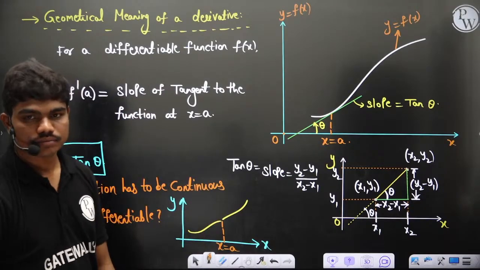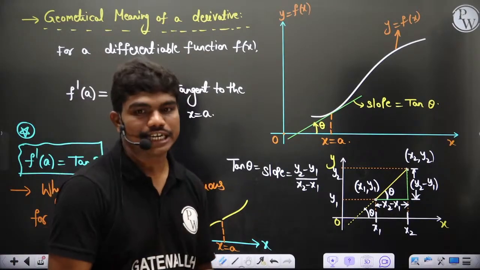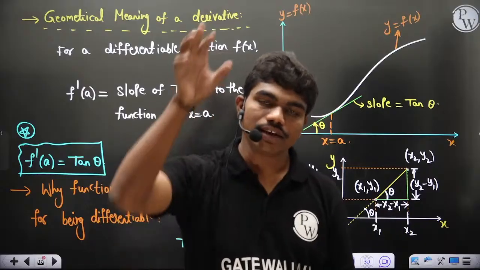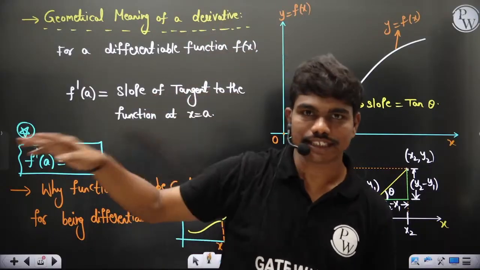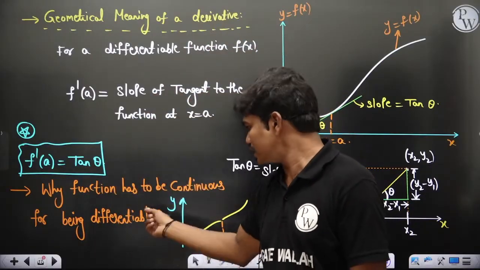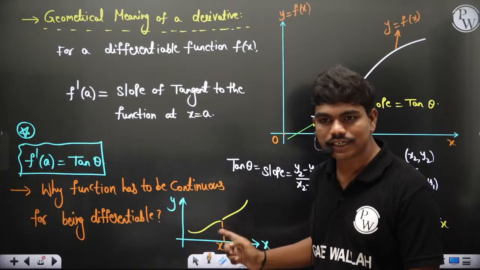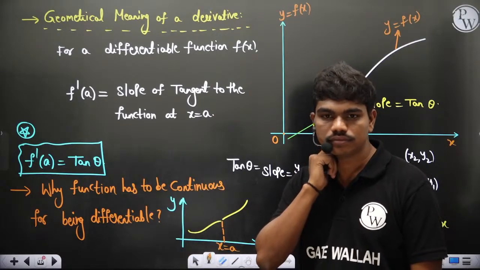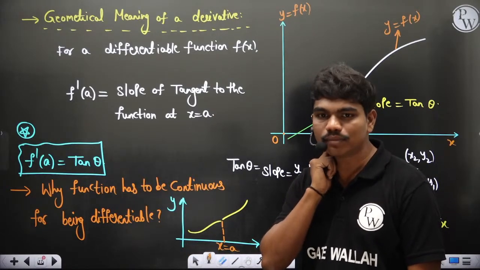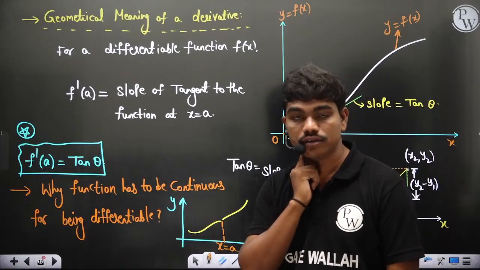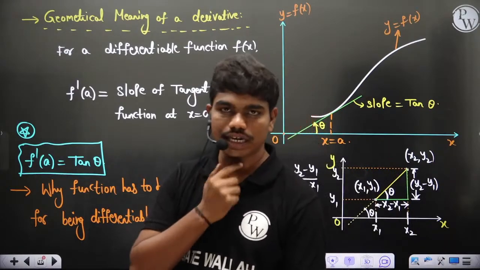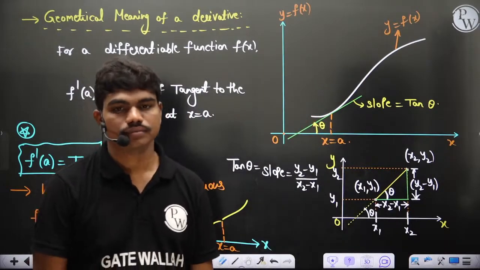If the function is continuous, then whether it's differentiable or not we can check later by checking the limit. But if the function is discontinuous, can you draw a tangent there physically, exactly at x equal to a? So the function should be continuous if you want to draw a tangent.